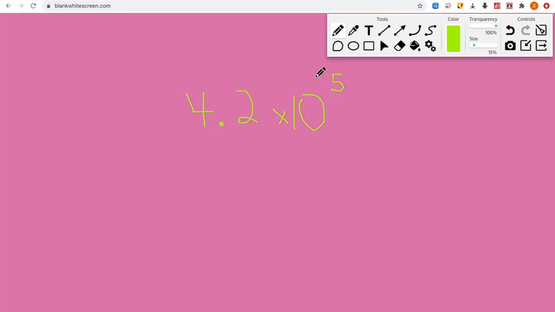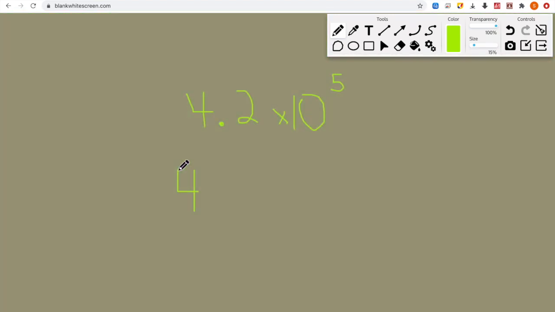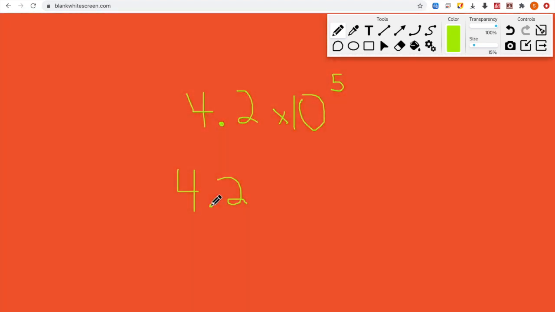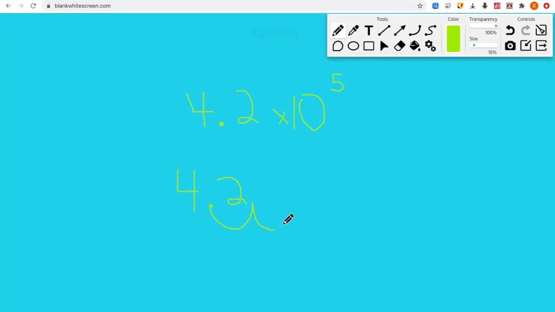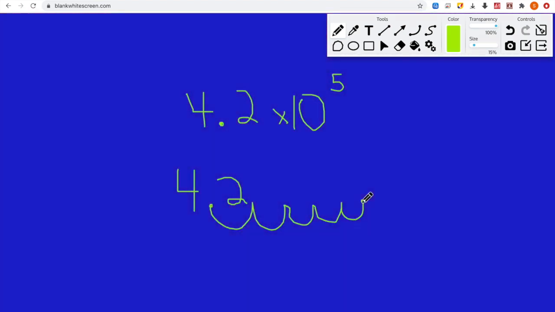And in that way, I know if I have a positive exponent, I'm going to be moving my decimal to the right. So I'm going to be moving it 5 spots to the right. 1, 2, 3, 4, 5.